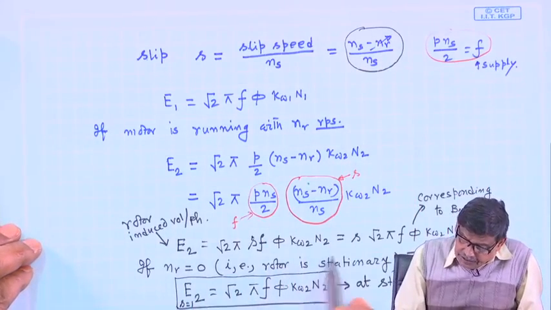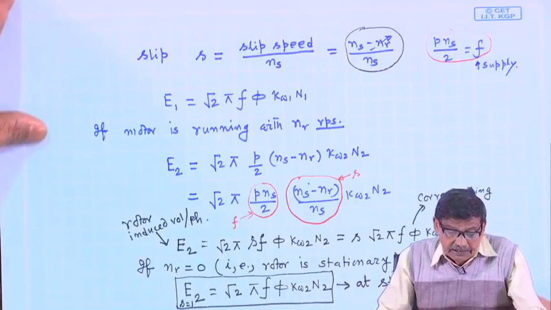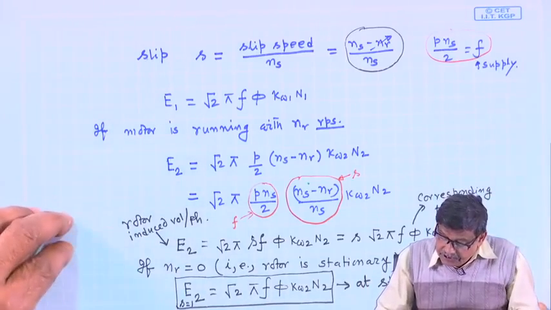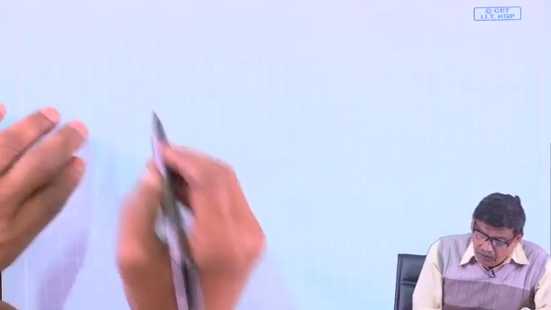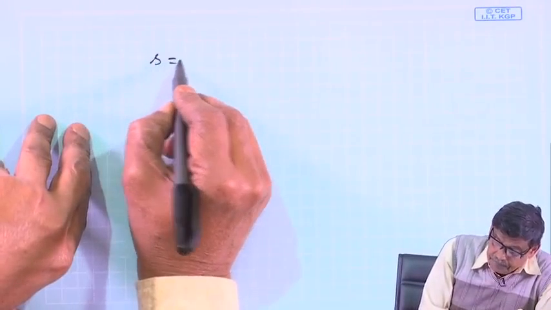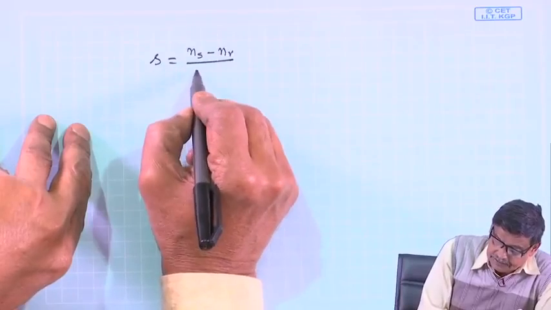So, you see the slip then comes here and there. Okay? This is one thing which is very handy with slip calculation. Slip is (Ns minus Nr) by Ns.